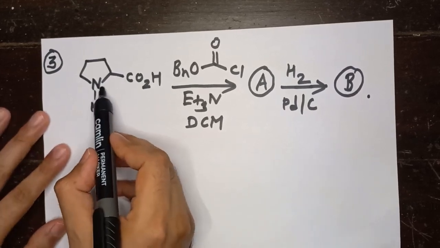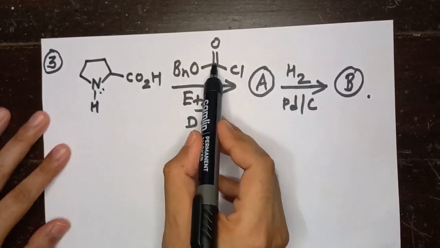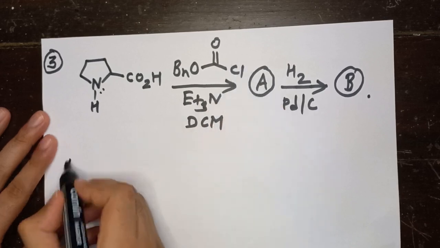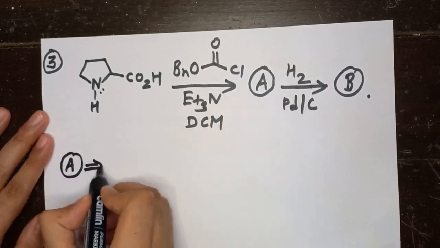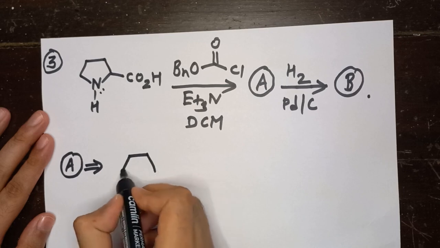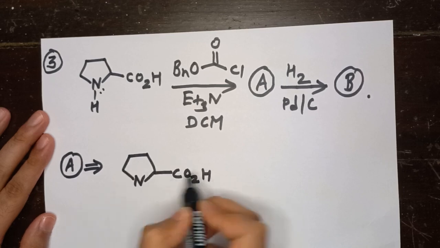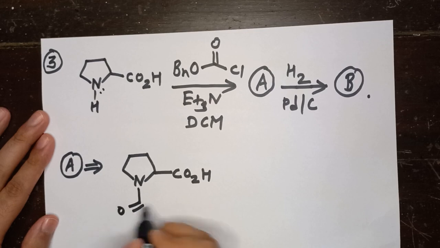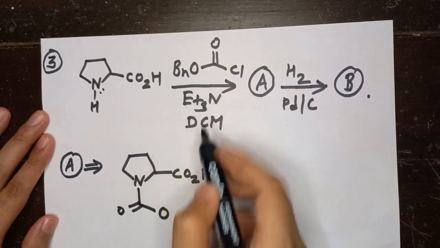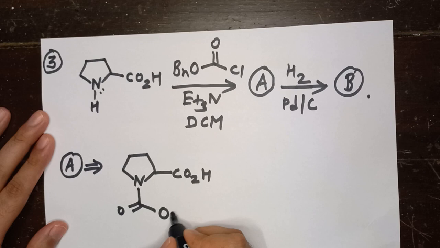This nitrogen lone pair will attack at this carbonyl, Cl is going to leave and the structure of A is going to be C double bond O and this benzyl group can be written as CH2Ph.